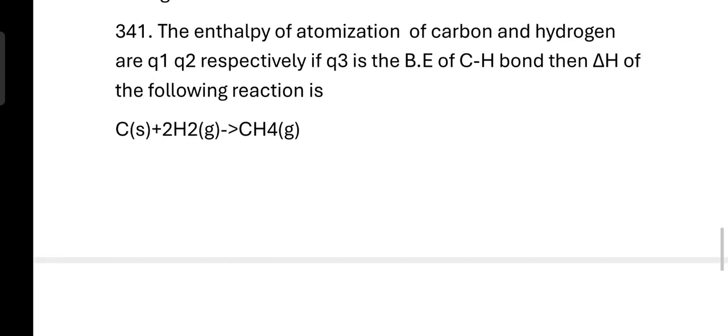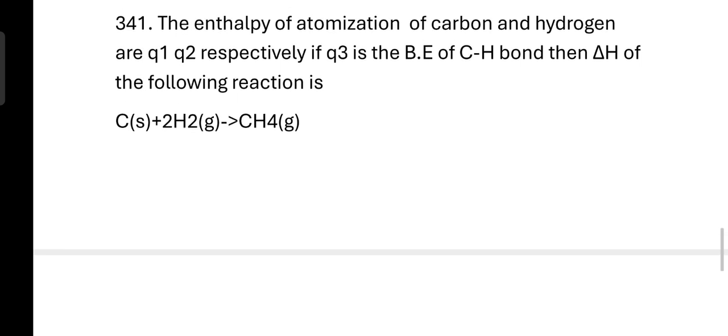The enthalpy of atomization of carbon and hydrogen are Q1, Q2 respectively.